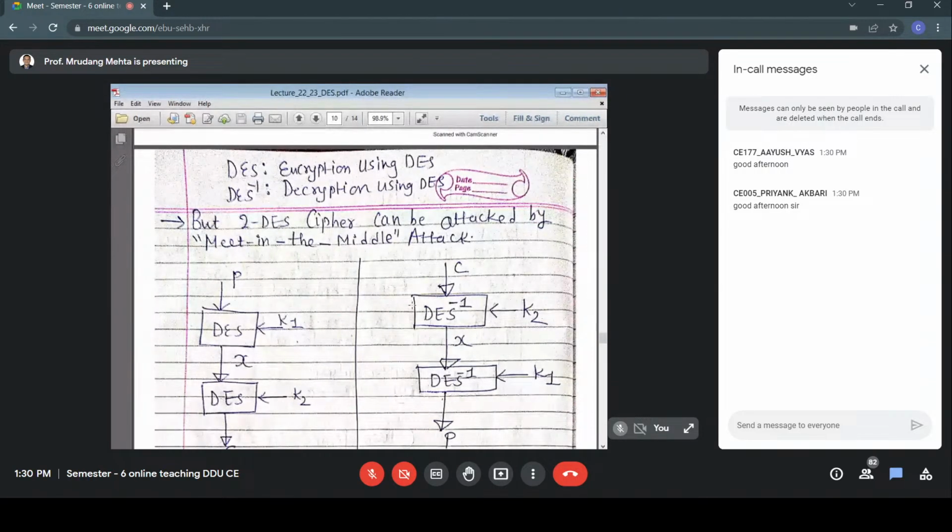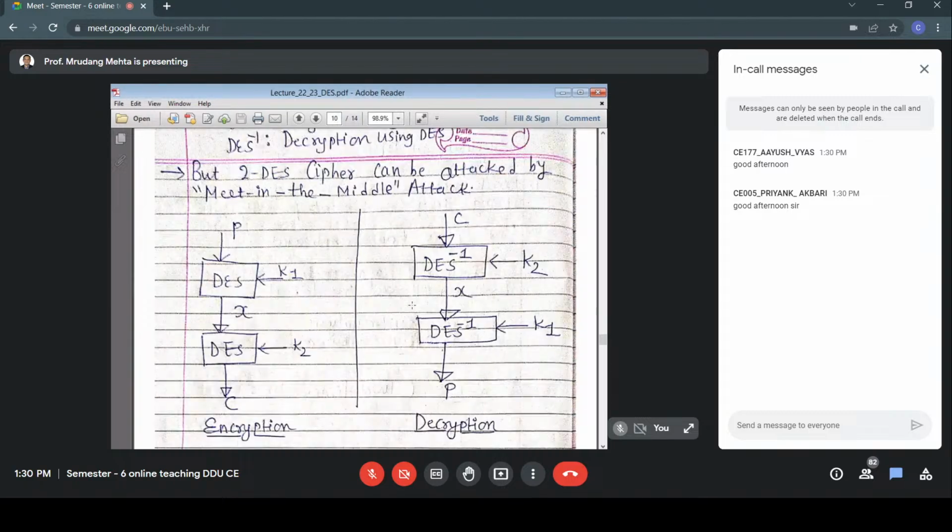So the DES block has its equivalent DES inverse block that is performing decryption. Okay, so this 2DES cipher can be attacked by a method called meet in the middle attack.